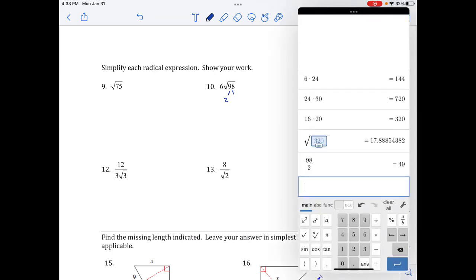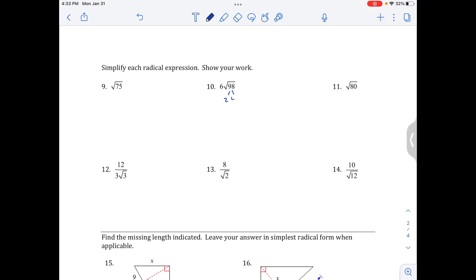I don't know what 98 divided by 2 is. 49. And then you'll have 6 root 2 times 7 times 7, but 7 can come to the front. So 6 times 7 root 2 is just 42 root 2. Okay? You can try 9 and 11.